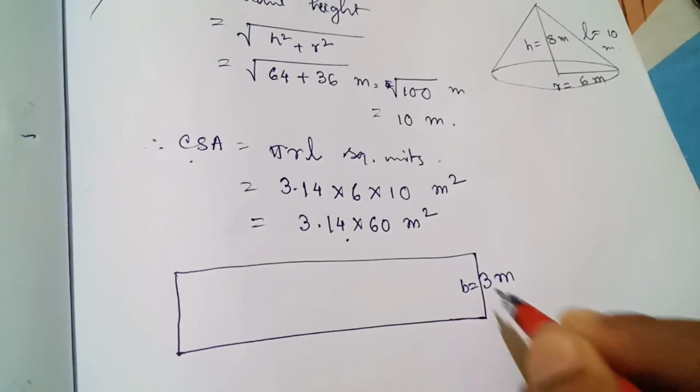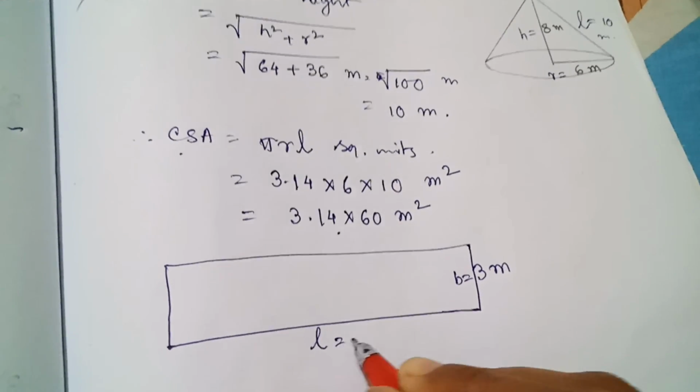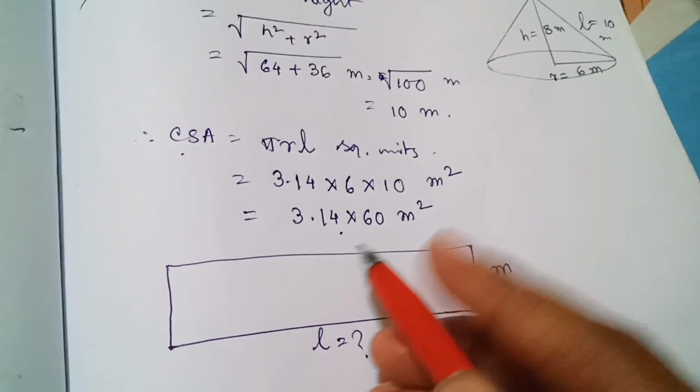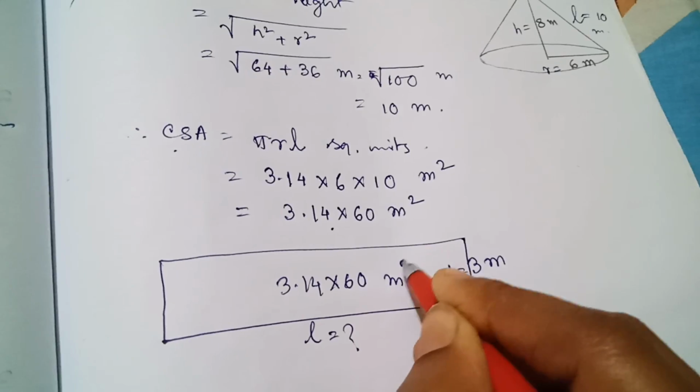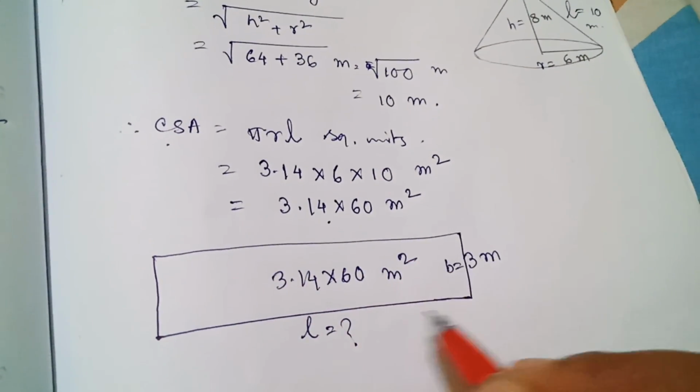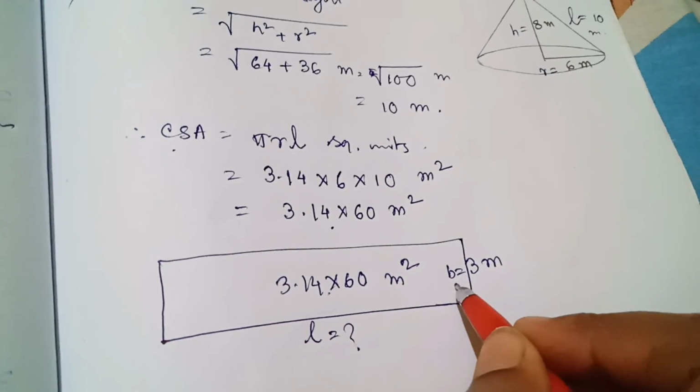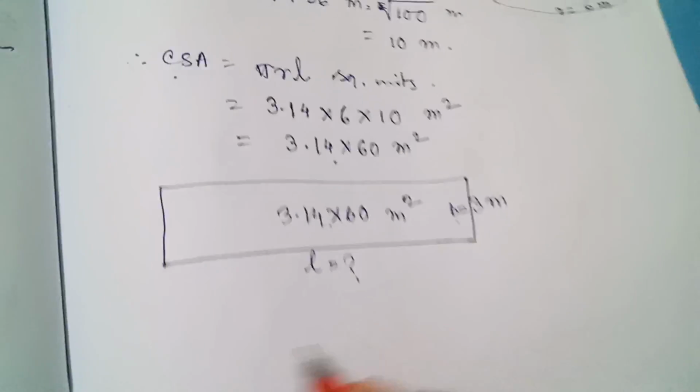We need to find its length, and the area we have got is 3.14 into 60 meter square.